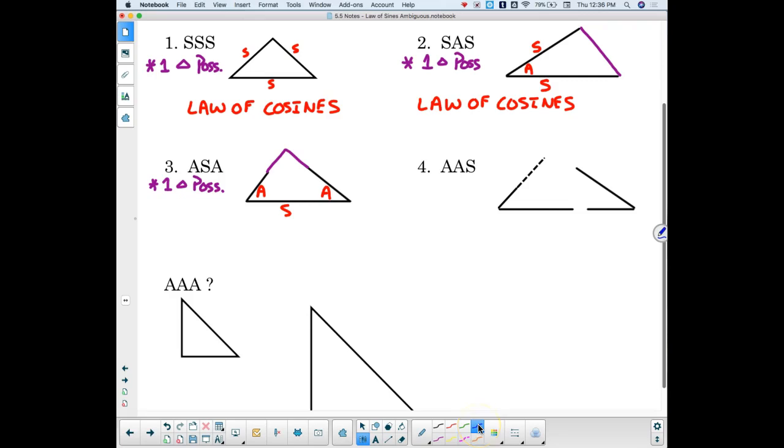So we are allowed here to use the law of sines. Very similar to the angle, angle, side case, where if we connect these and make that look nice and pretty, we get one triangle again, and we are allowed to use the law of sines.